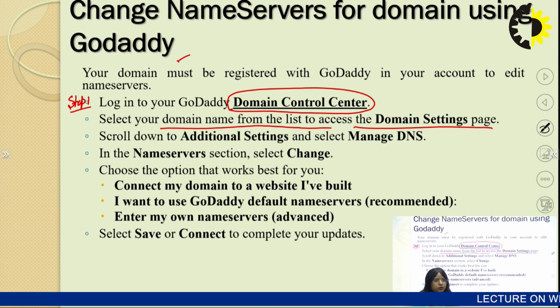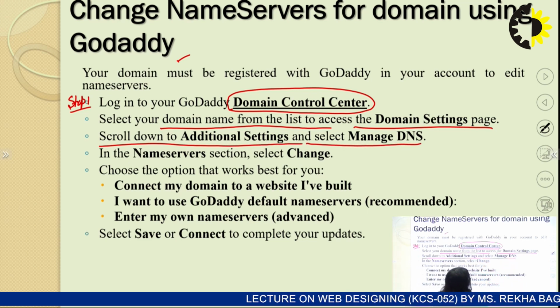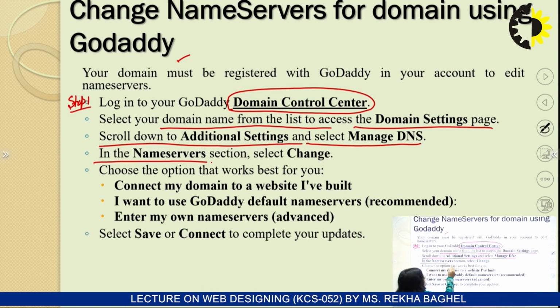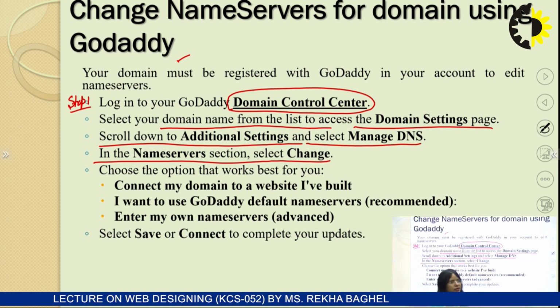Enter your domain name from the list displayed and access your particular domain settings page. Scroll down to additional settings and select Manage DNS. In the name server section, select Change. You want to change your name server, so select Change.